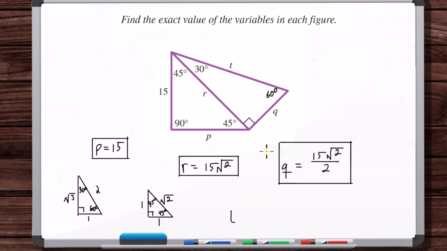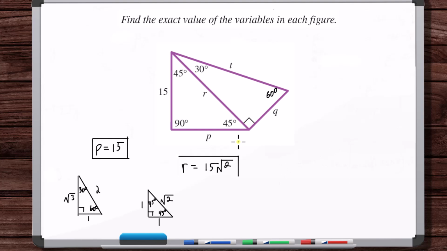Or no, wait. I screwed this up because T is the hypotenuse. So, okay, yeah. The R was right. But now this is the longer leg. This is the root 3 leg. And so to get Q, we could divide this leg by root 3, right?